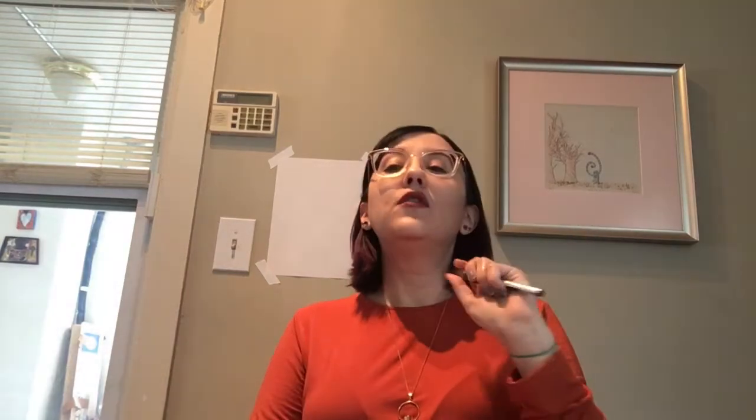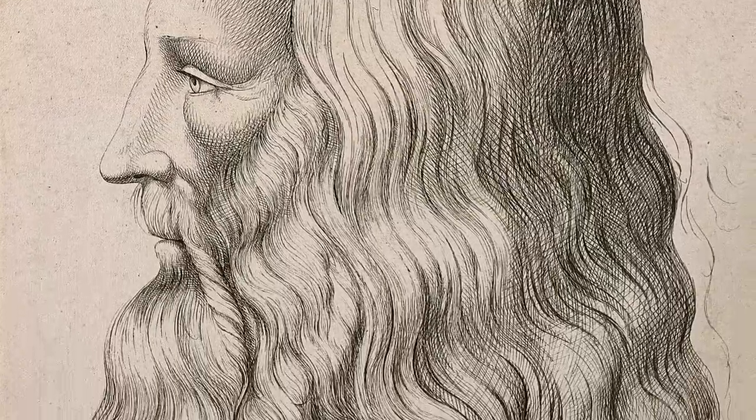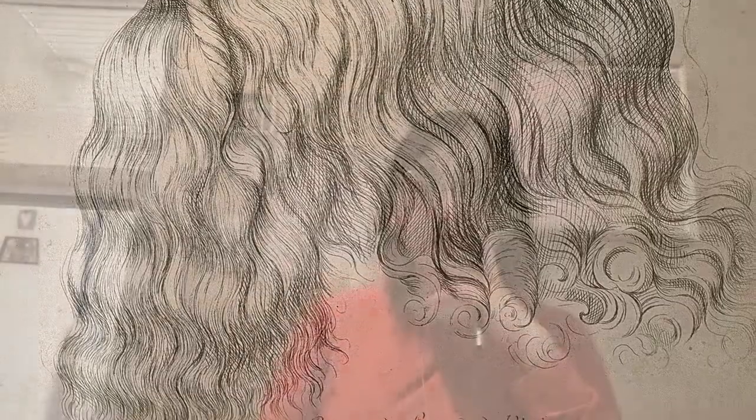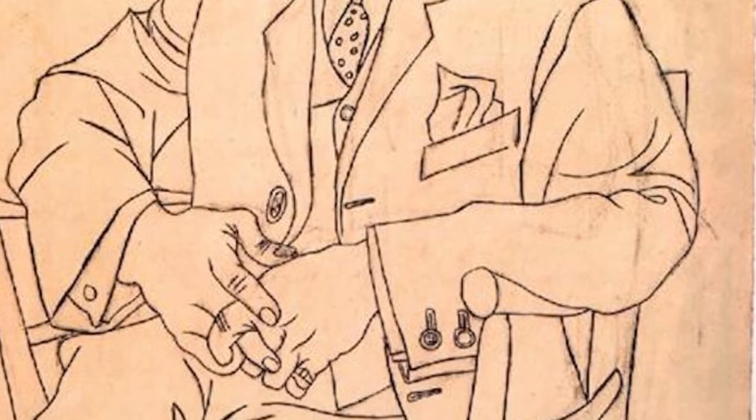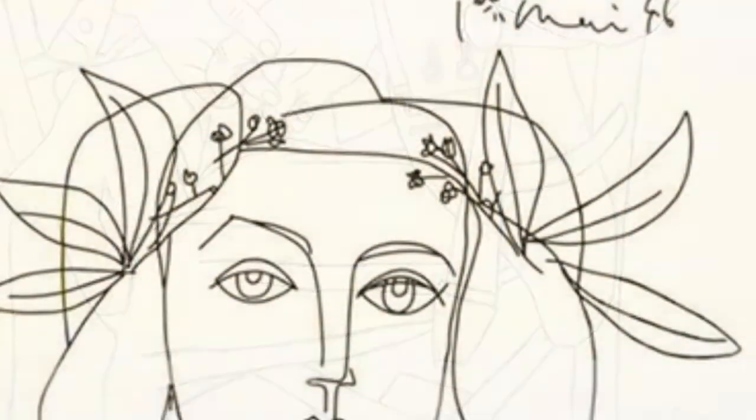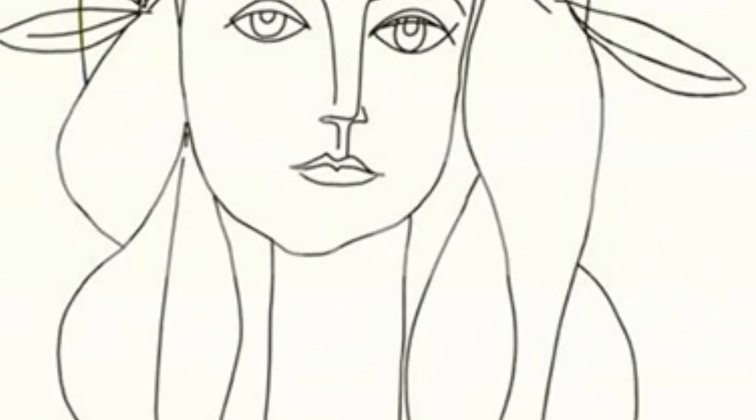Okay, so for this first week, we are going to be focusing on the element of line. Line is one of the most basic elements in art, and there are some artists who have done really amazing things with line. Some artists, for example, like Leonardo da Vinci, Pablo Picasso, even Andy Warhol.